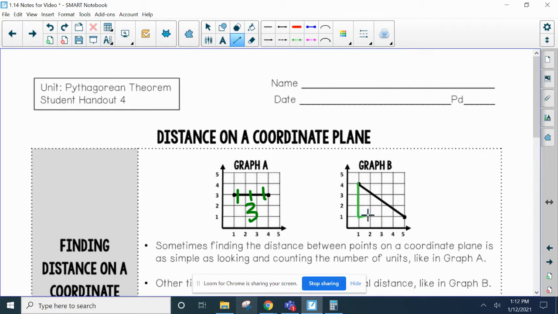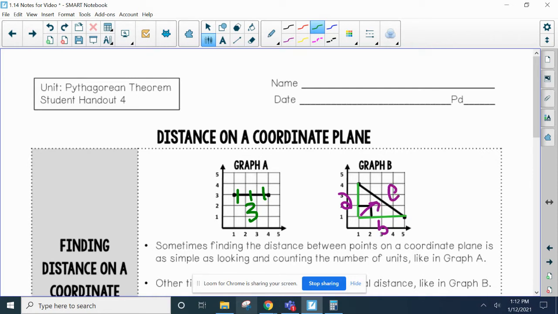Well, today we're going to talk about how we can use our knowledge of the Pythagorean theorem to find the missing length, because we know that a squared plus b squared equals c squared. So this would be our a, our b, and that missing diagonal length will be our c.